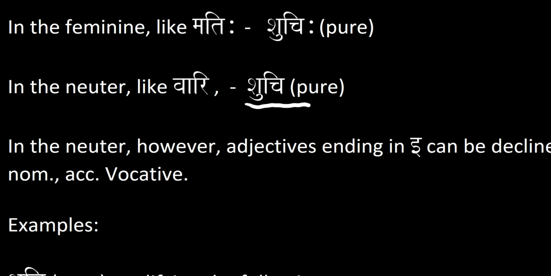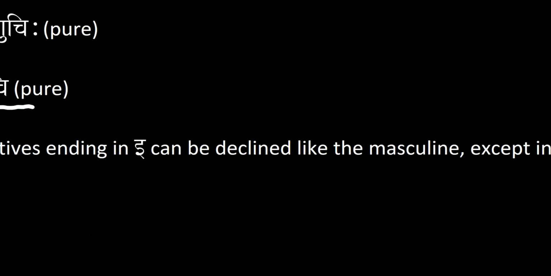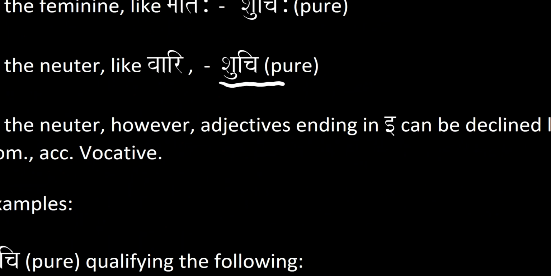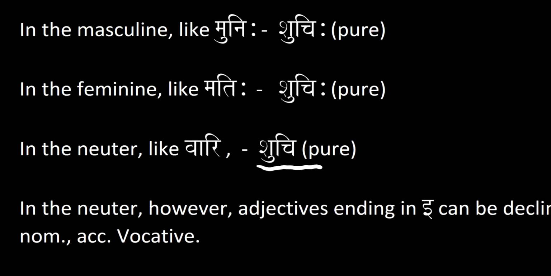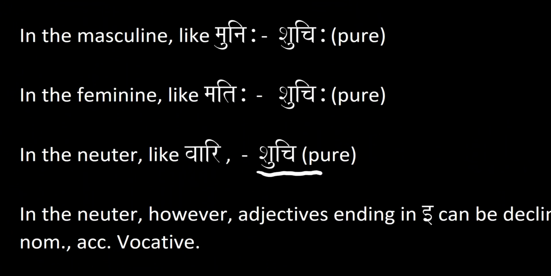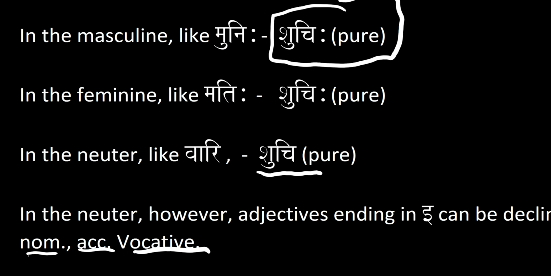But the exception is that it can also be declined like the masculine, except if you have to deal with nominative, accusative, or vocative. So as long as it's not nominative, accusative, or vocative, where you have to describe that noun, you can take suchi, convert it into suchihi, and then decline it like munihi.